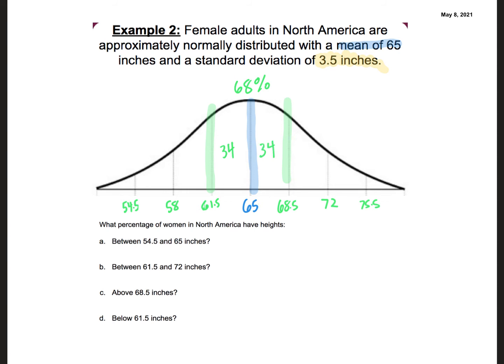Between your next two lines, you have 95% of your data. I'm just going to write it in red, 95%. Again, you would subtract 68 from 95 and then divide it by 2. When you do that, you should get 13.5 in each of these segments.